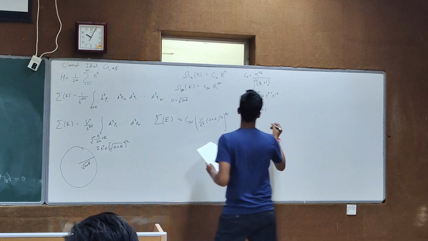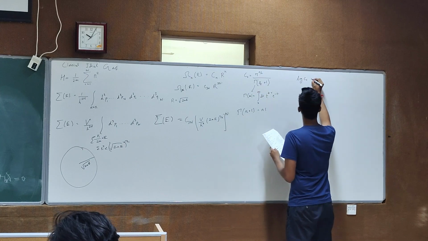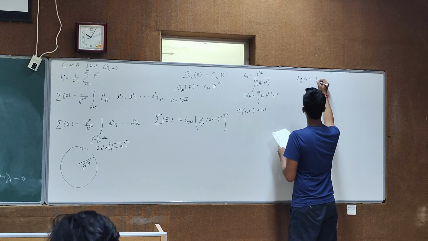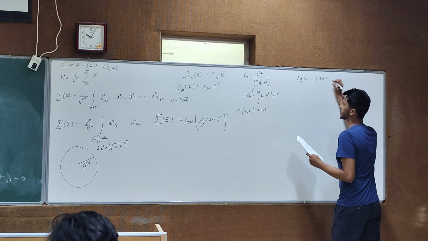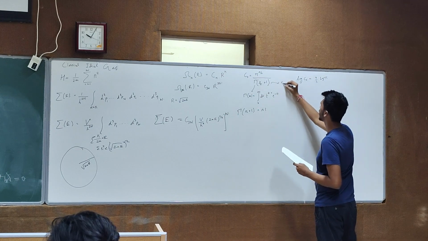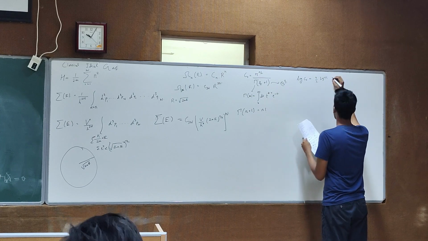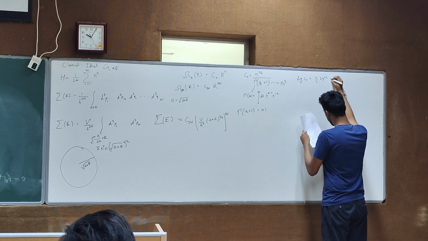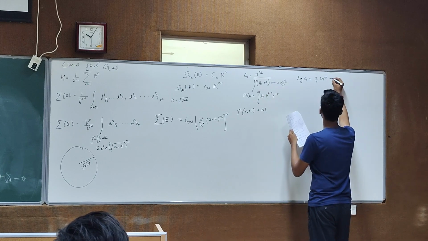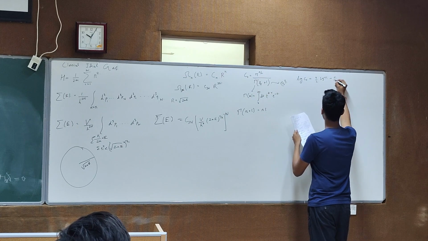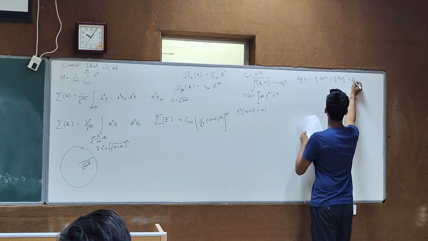And from this you get log of C_n to be n by 2 log pi from the numerator, and this is basically n by 2 factorial. If your n is large, it doesn't matter whether it's even or odd. And I'm using the Stirling approximation, which will give you n by 2 log n by 2 plus.